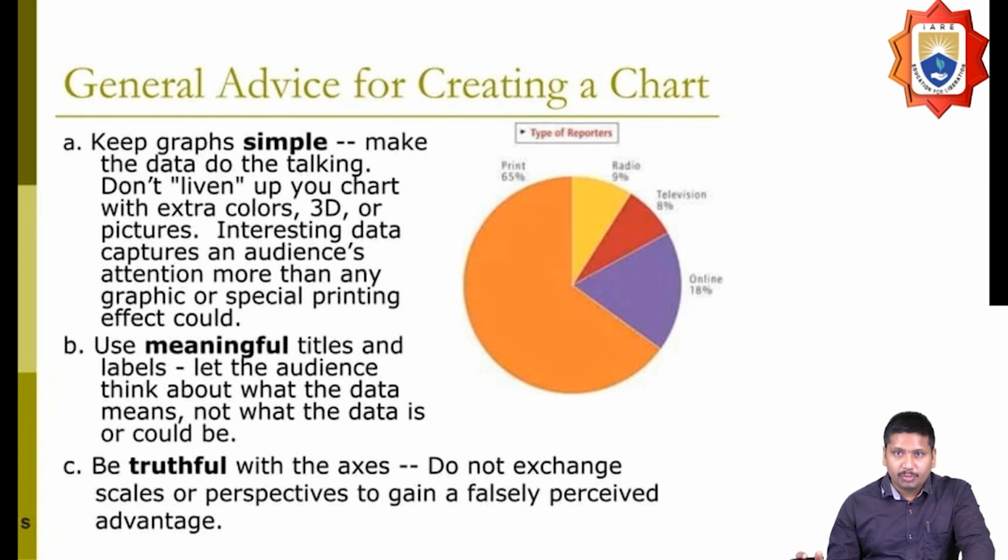Make use of meaningful titles, and don't create misleading titles. The title is one thing, and the representation of data is another, and they should not be mismatched. The clear and exact title of what the graph is meant for should be maintained. Be truthful with the axis. Don't change the scales or perspectives to promote false information.